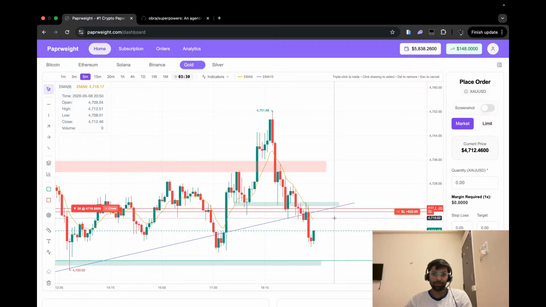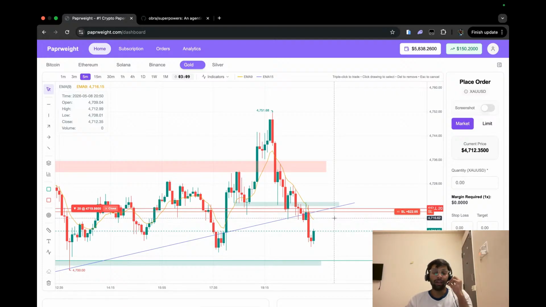Pullback. The one who handles the pullback is the one who will survive in this market. That's for sure. Pullback tests your emotions.